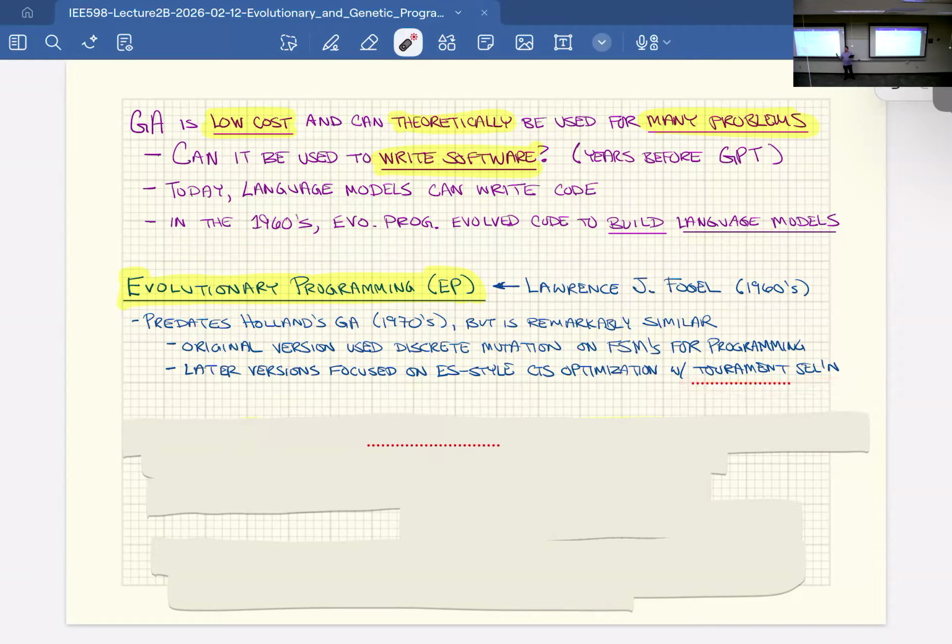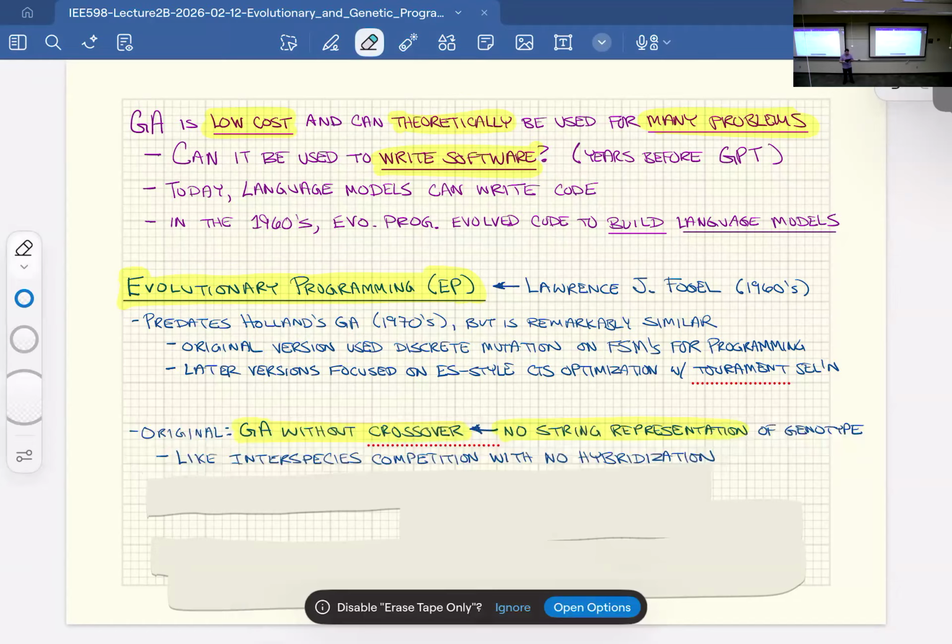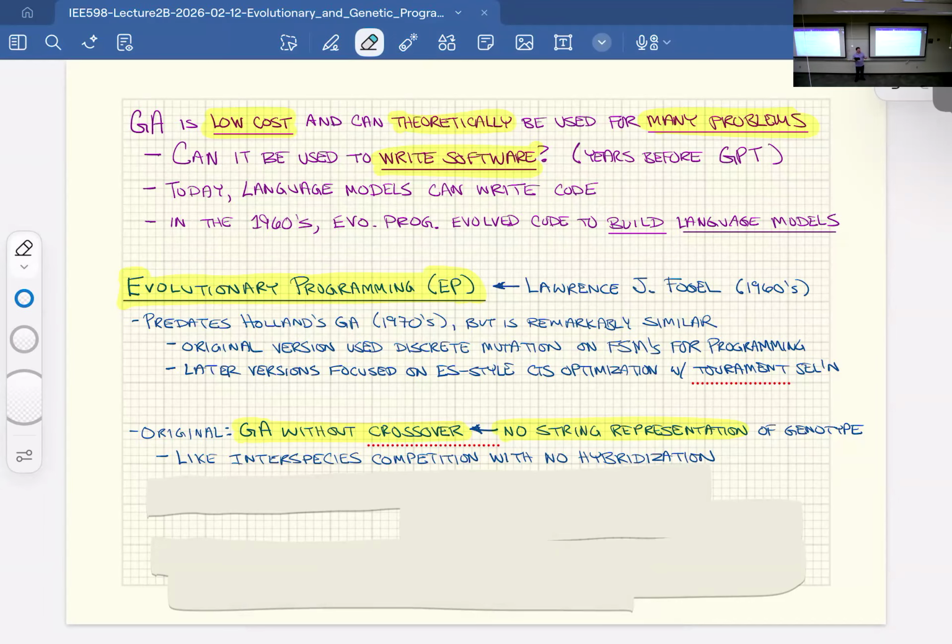So again, a lot of interesting convergent evolution and competitors, but CMA-ES kind of won that. So now we have genetic algorithms, genetic programming, and CMA-ES. We don't really talk about these historical ones here, but are just setting them up to provide us some foundations. All right, so the original evolutionary programming, you can think of it as like GA without crossover.